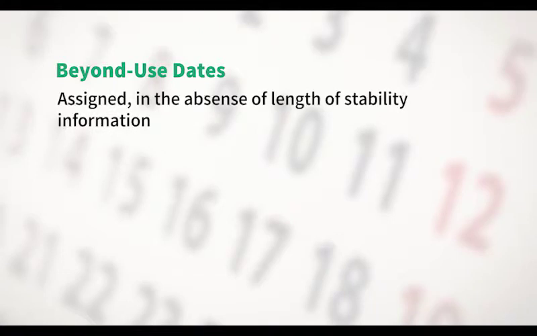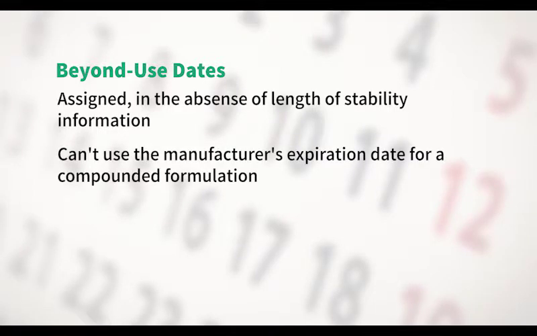Now, in the absence of stability information, what's better known as a beyond use date is going to be assigned. A beyond use date is different from a drug expiration date. We can't use drug expiration dates because now that the ingredients have been compounded together, we don't know that those two together are going to have the same stability for the length of time.